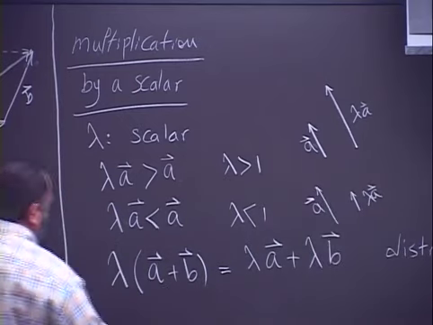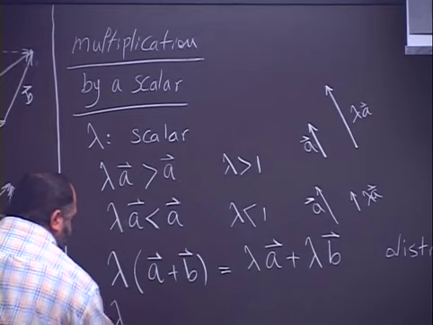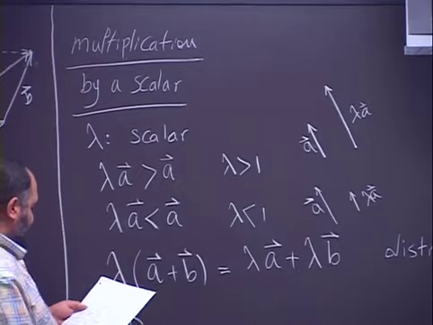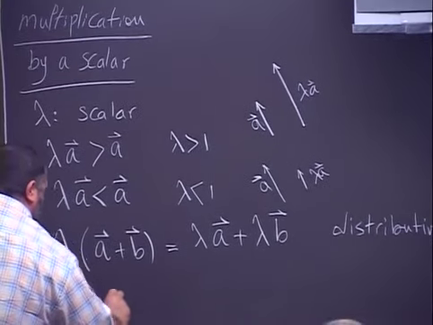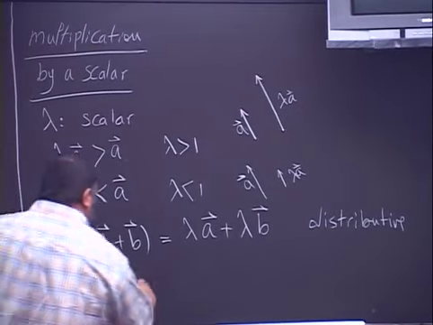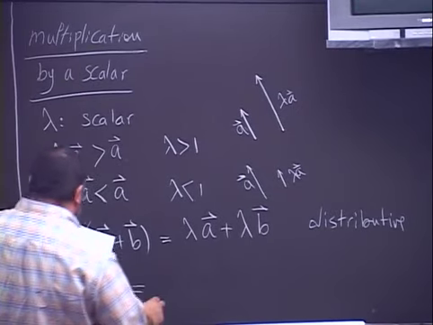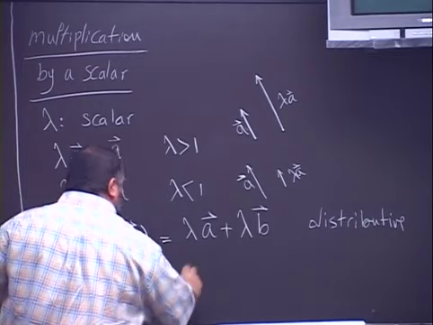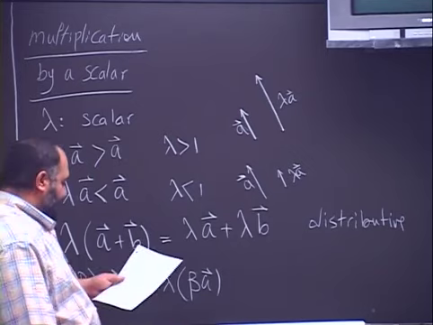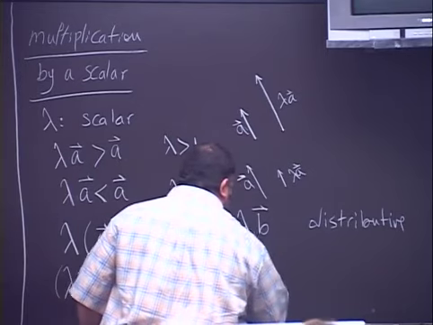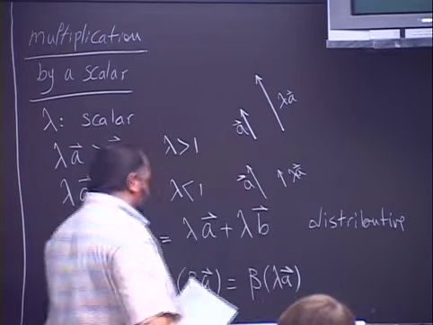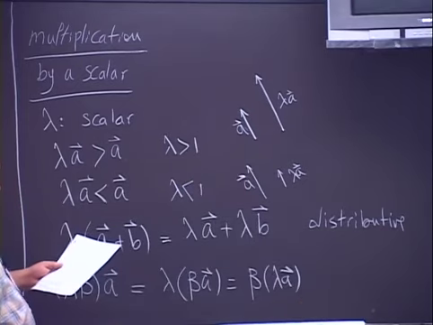Again, if you have two scalars, lambda and beta, multiplied by the vector A, then you can have the associative property again. You can have lambda and beta multiplied by the vector A, or you can have beta and then lambda multiplied by the vector A.